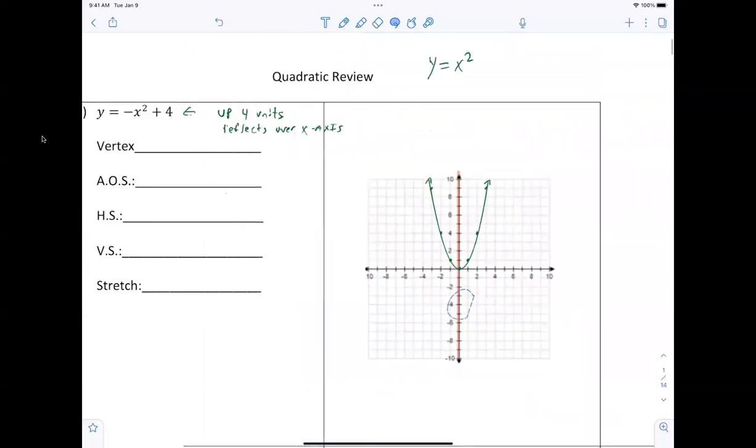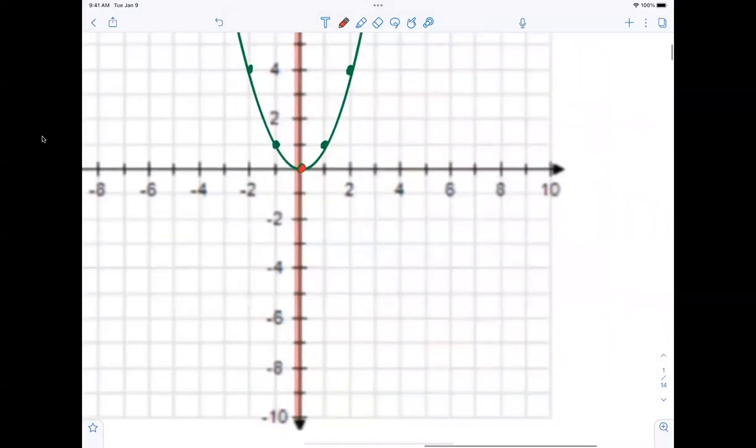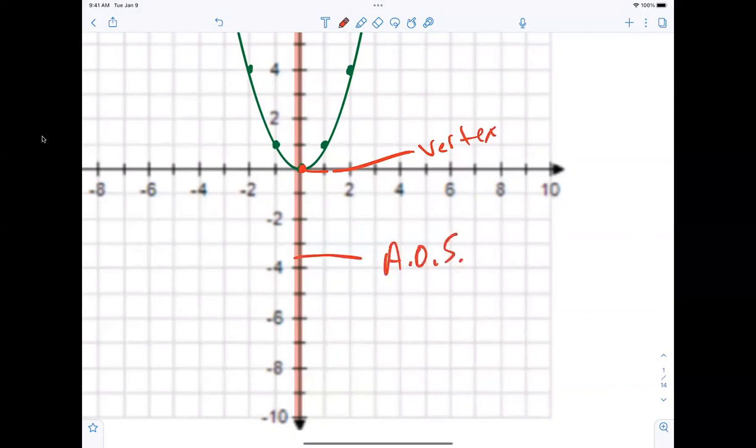The vertex, remember we said, was the lowest point on the curve or the highest point. So this right here is considered the vertex, and this line right here is considered the axis of symmetry.